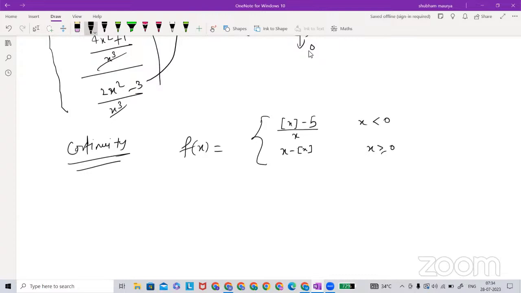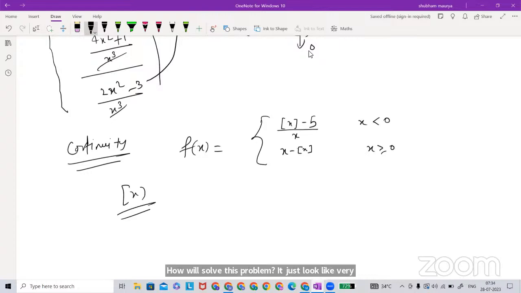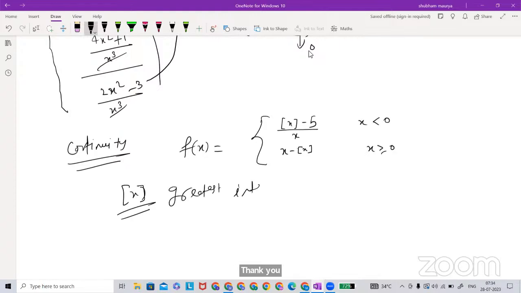How will we solve this problem? It looks very complex. What is this? This is the floor function, meaning the greatest integer function. If you assume x is equal to 5.1, what will be the output? 5. That is the meaning of greatest integer.